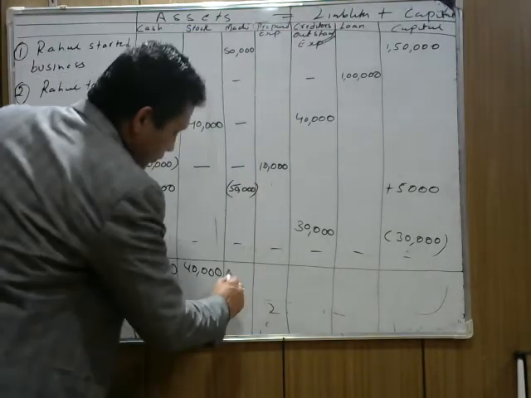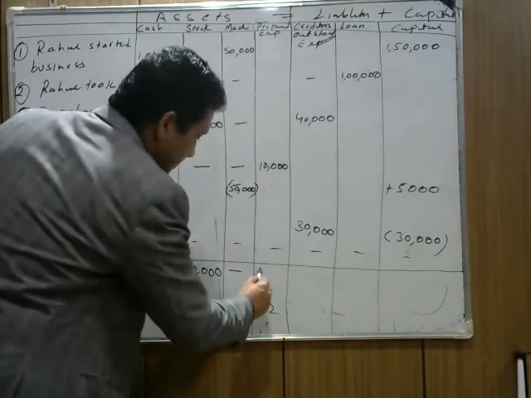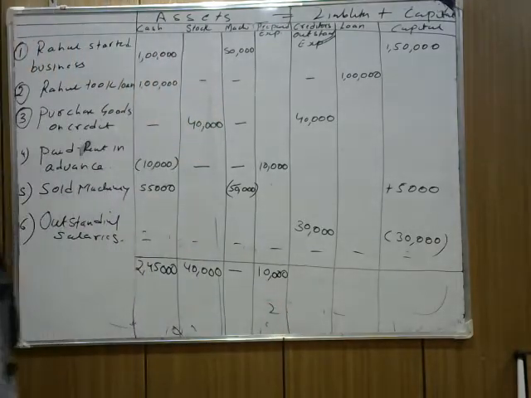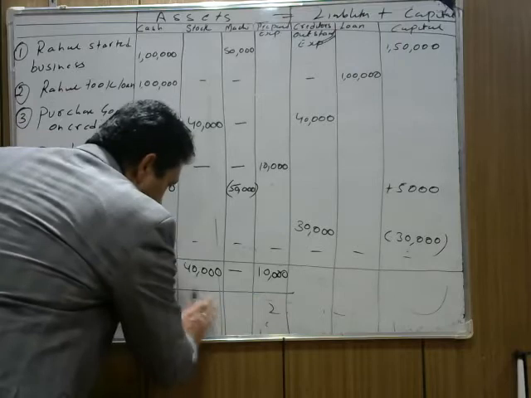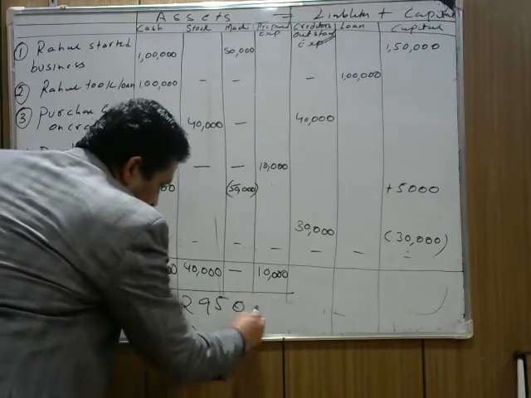Your machinery value is nil because you sold the machinery. Your prepaid expenses are 10,000. Now check. Cash 2,45,000, stock 40,000 makes 285 plus 10,000 makes 295. It means your assets total 2,95,000.